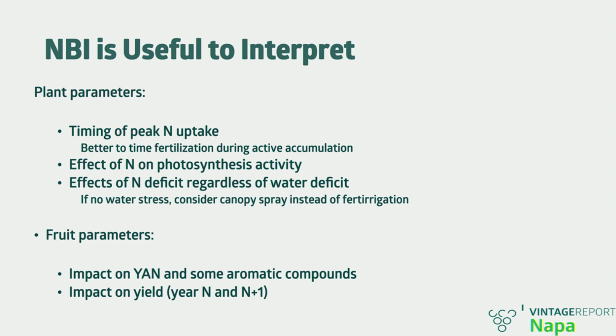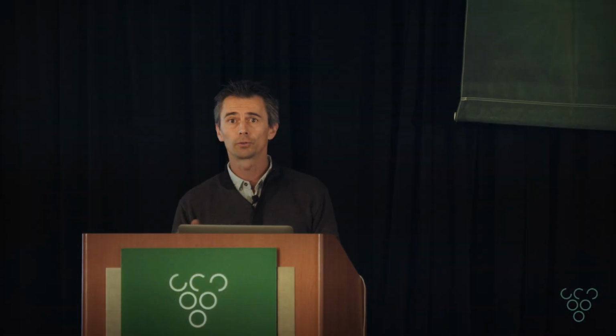Why is that important? Well, because nitrogen has a key role in orchestrating the photosynthetic activity. It's also very interesting, particularly in the context of California, to look at nitrogen deficit separately from water deficit. And we'll see why this is very relevant, particularly in 2018.